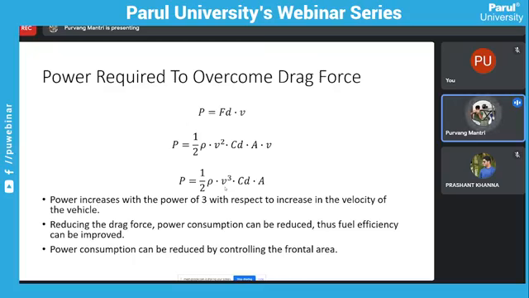And when the power required is 8 times more than the previous condition, the fuel consumption is going to increase, and certainly it is going to directly affect the speed of the vehicle. So if we want to make our vehicle highly fuel efficient, then we need to reduce the drag force so that the power consumption can be reduced. And to do that, we have to focus on frontal area.